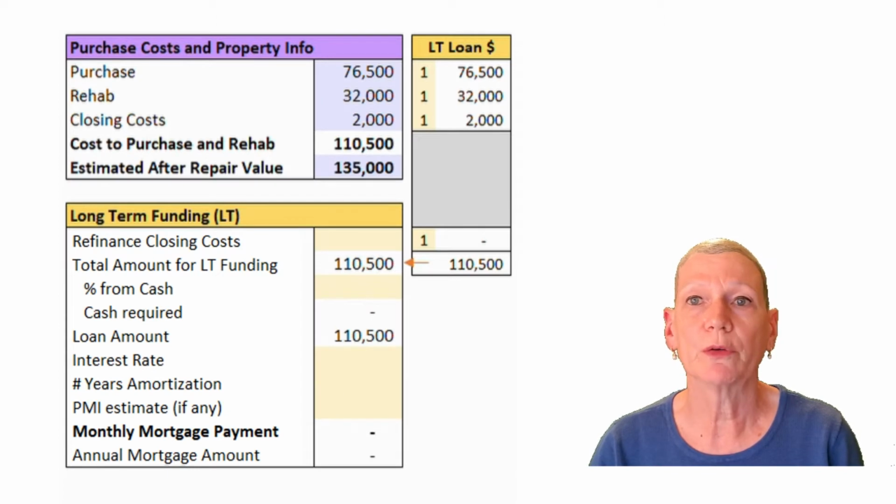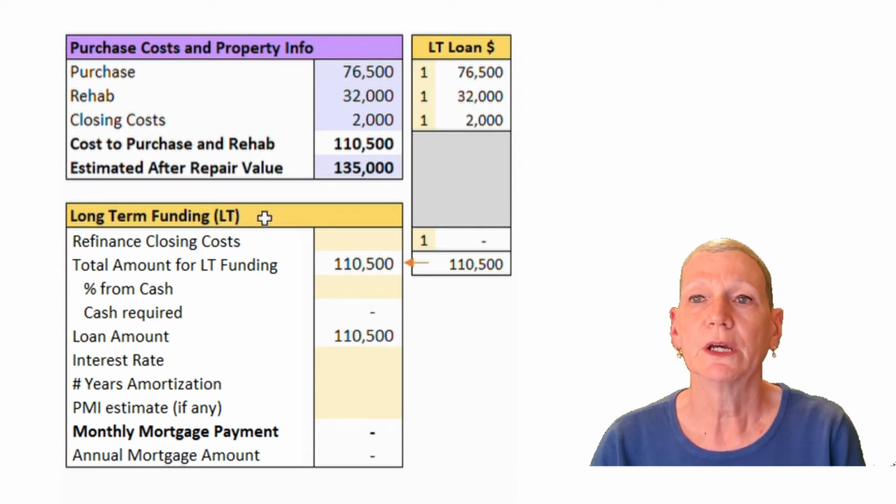So now when we go to the long-term funding, the first thing we want to figure out is how much are you trying to borrow? So the way the spreadsheet works is the various components of the cost of your project are listed here, and you can decide whether or not to include those in your long-term loan amount by putting either a 1 or a 0 here in this column.